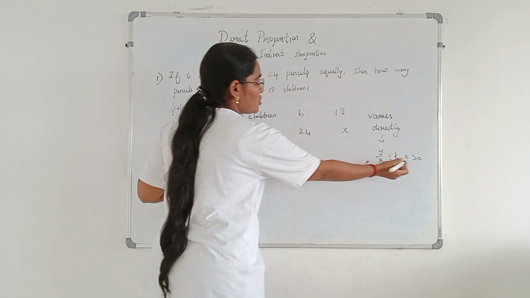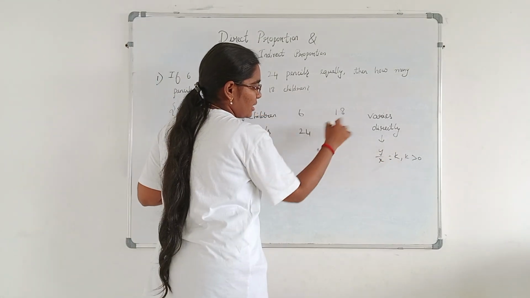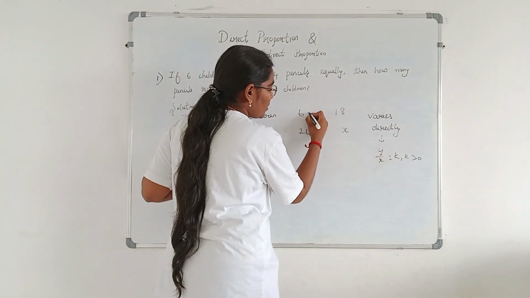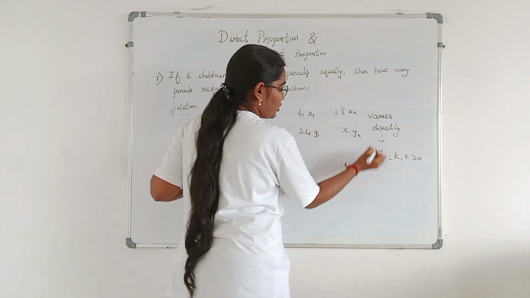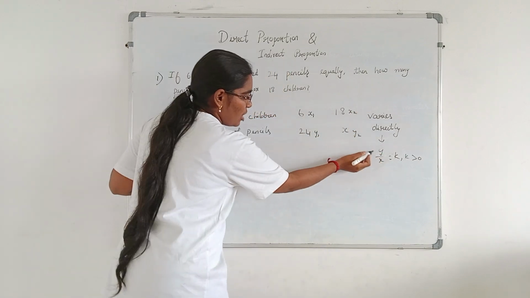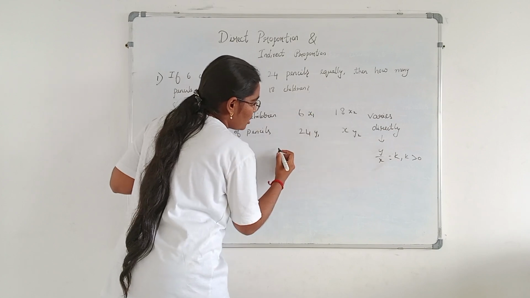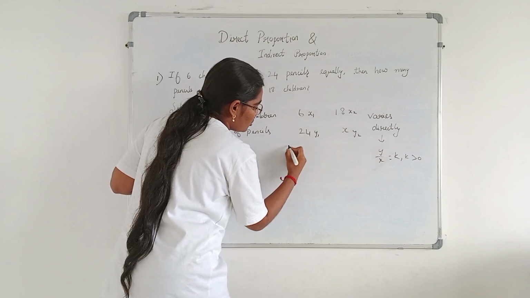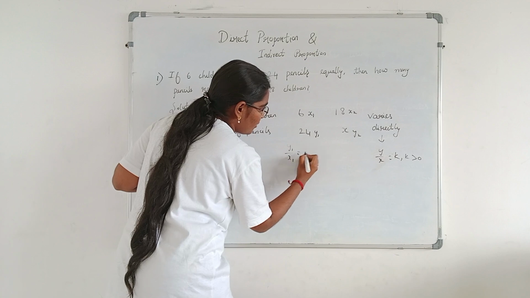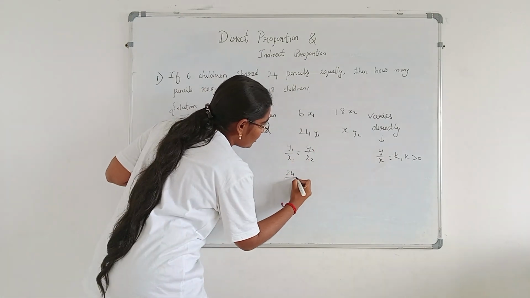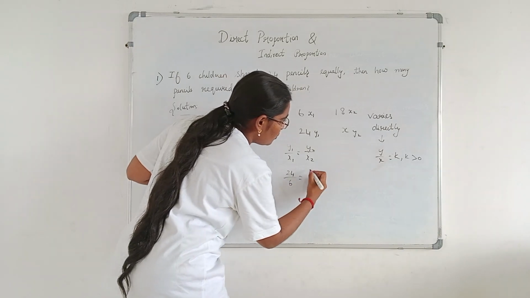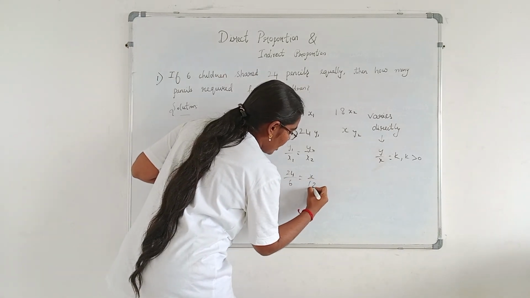So we should write this in the following form. Let us assume x1, y1, and x2, y2. So y1 by x1 equal to y2 by x2. So 24 by 6 equal to x by 18.